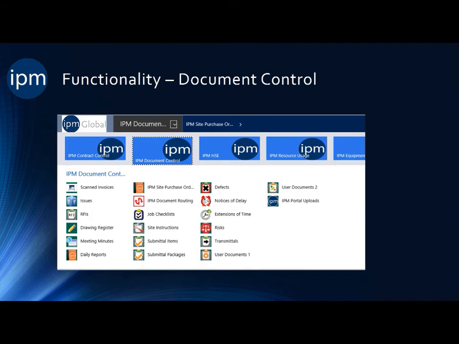Now all of these can link to the contract control documents, and so you might start off with an issue that might go on to become an RFI, and that then might generate a subcontract variation and also a head contract variation, and all of those steps can be workflowed so that the same information is passed through from one document to the next.